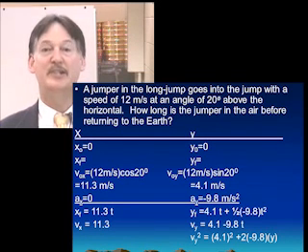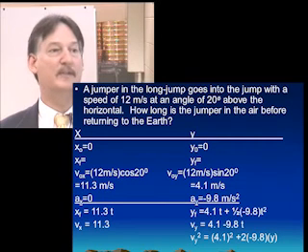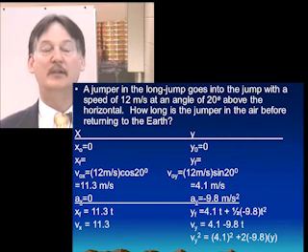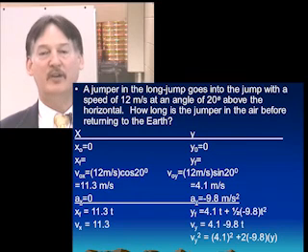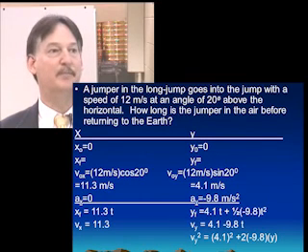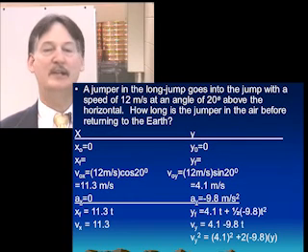So the jumper is not slowing down in the forward direction. He's merely launching, slowing down up to the peak of his trajectory, and then falling, speeding up as he comes down. So our x equations are relatively simple.